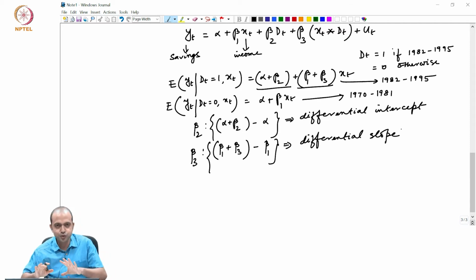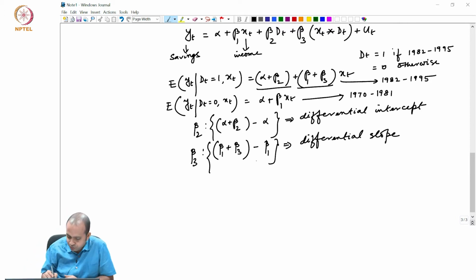So, you now understood how the coefficients are interpreted when there is a dummy variable involved. So, you have to basically derive it. Depending on the significance of beta 2 and beta 3, we will conclude whether post recession period there is a change in the intercept or change in the slope or both.